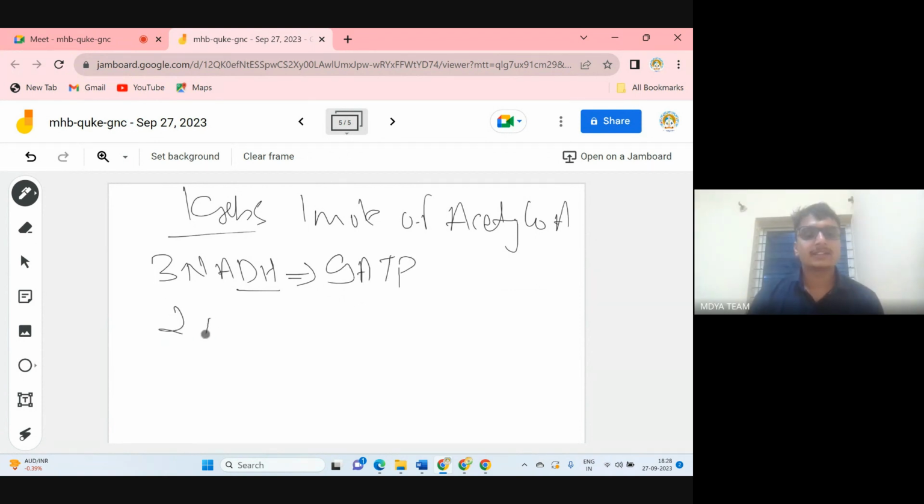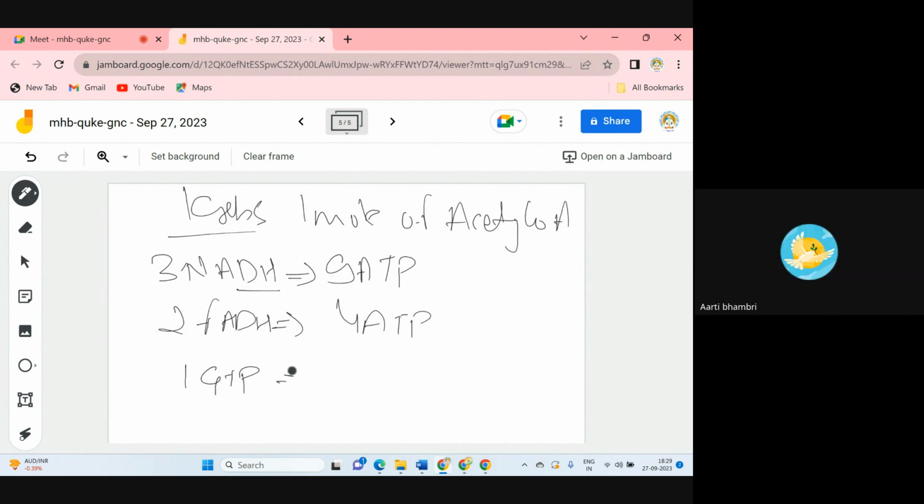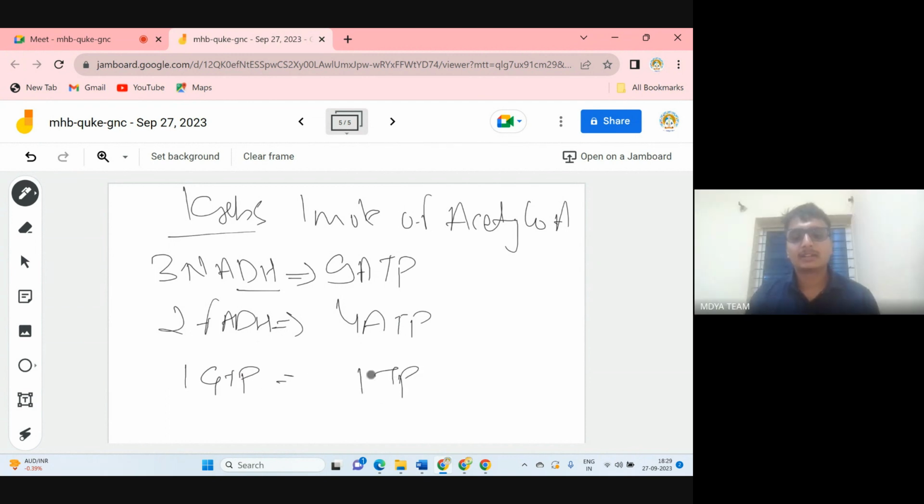And 2 FADH were also there, so it will produce 4 ATP, and 1 GTP is there, 1 ATP. But we have 2 molecules of acetyl coenzyme A from 1 molecule of glucose. So this cycle will happen twice, and all these ATP are produced in double amount. Is this clear to everyone? 28 ATP.